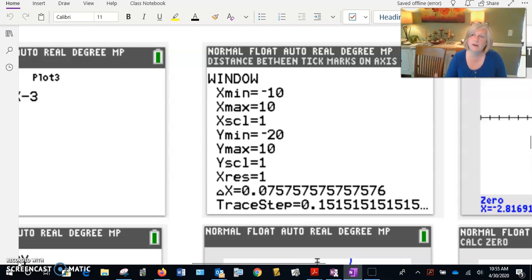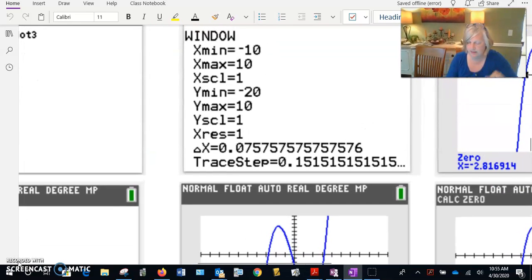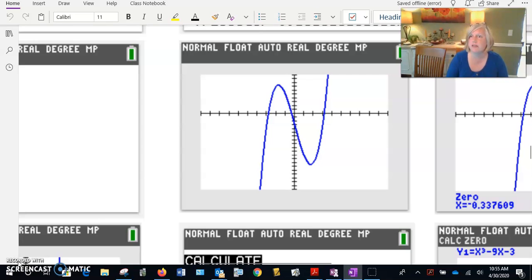And I know that I have all the features because I know that the maximum number of x-intercepts would be 3 based on the degree. So all I changed was y max. That's the only thing that I changed in the problem. And when I did that, it gave me a picture that looked something like that.